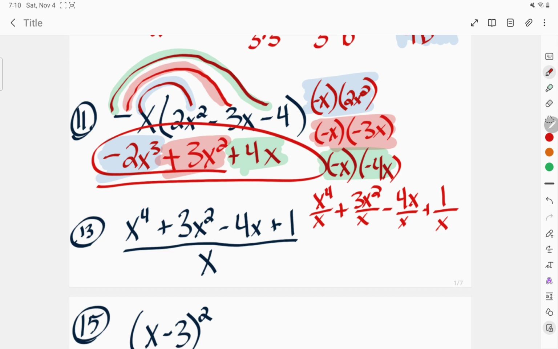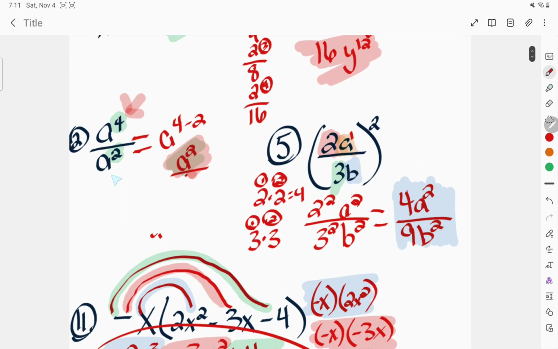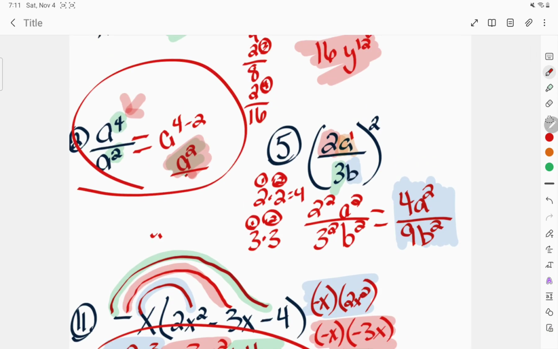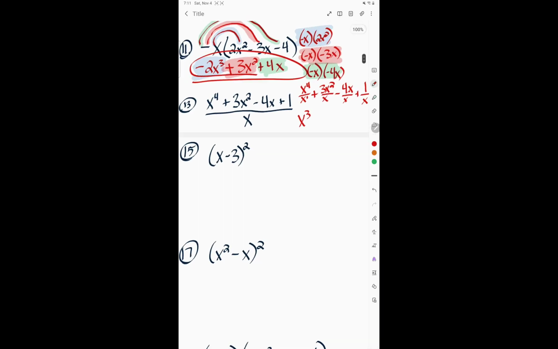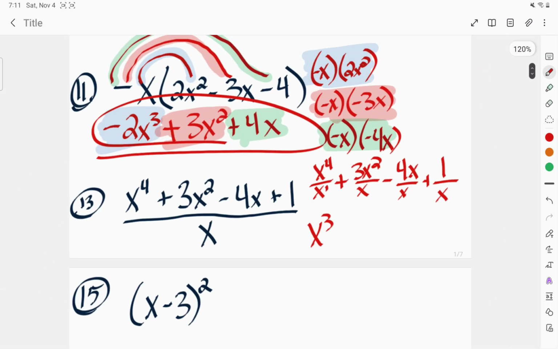So x to the 4th divided by x is x to the 3rd. Remember, we discussed that up here at the top. When you're dividing, you subtract your exponents, and that is x to the 4th and x to the 1st. 4 minus 1 is 3.